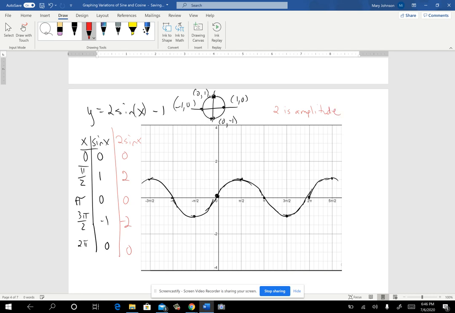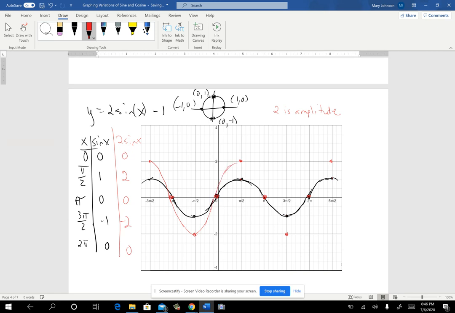So every point is going to be 2 times further away from the x-axis. So these don't go anywhere because 2 times 0 is still 0. But then this point should be double. This point should be twice as far as it used to be, okay? And so I just draw it with it being stretched vertically.